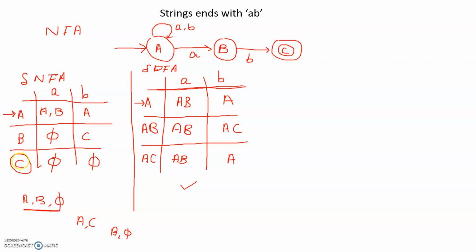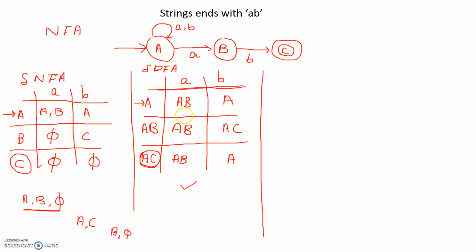In the NFA, C is our final state, and here C comes along with the AC. There is no single state as C, we have state AC. So we can make this state AC as our final state. So step 2 is completed.